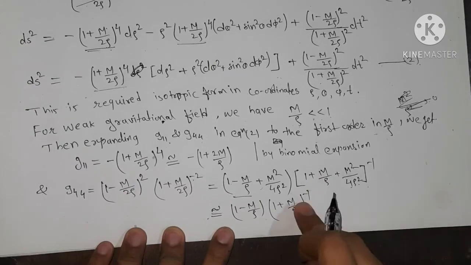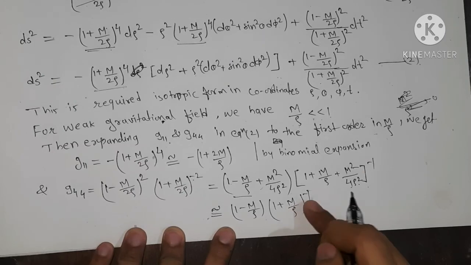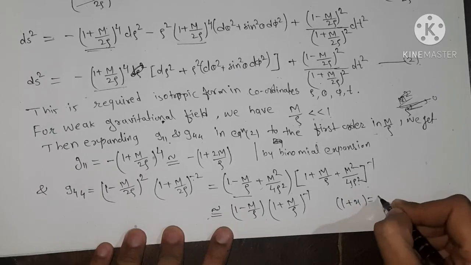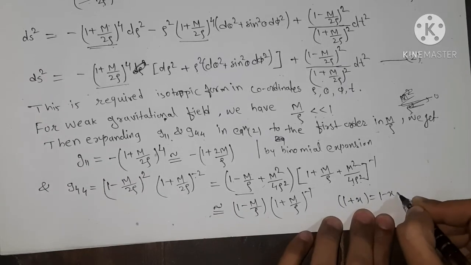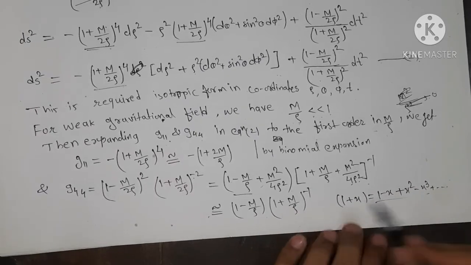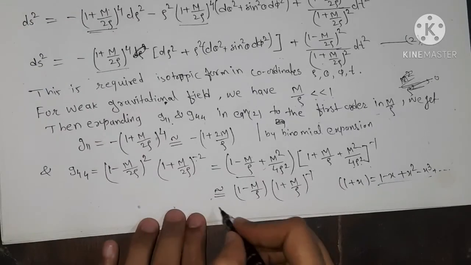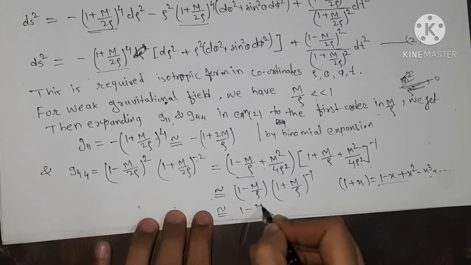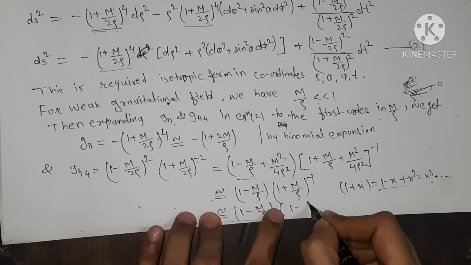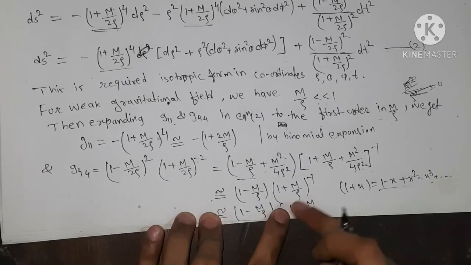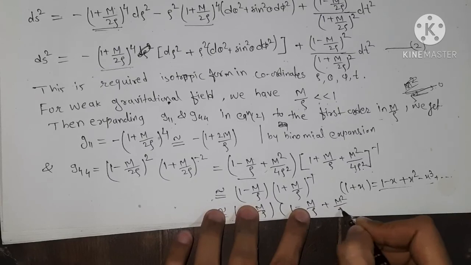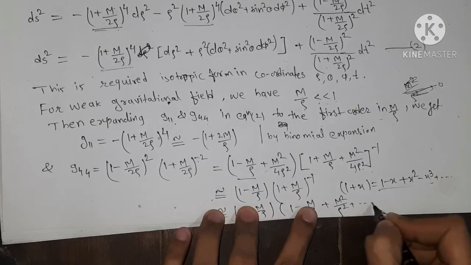Its inverse. Now applying the formula of minus 1, that is, 1 plus x to the power minus 1 equals 1 minus x plus x square minus x cube plus and so on. Applying this here, this is approximately equal to 1 minus m upon rho, in bracket 1 minus m upon rho plus m square upon rho square plus and so on.